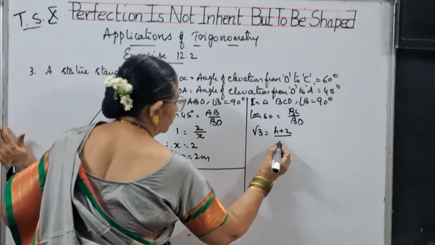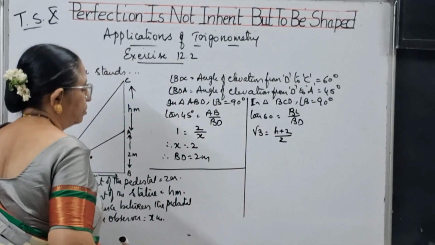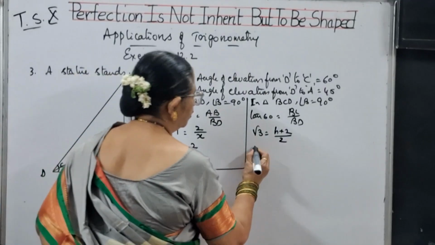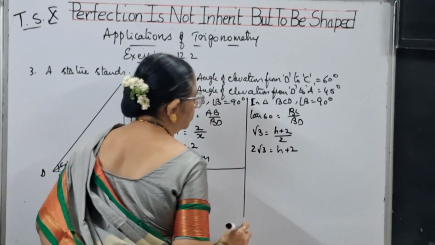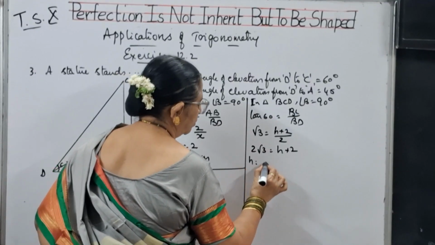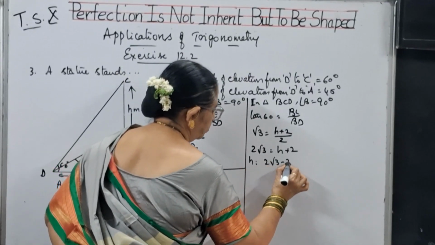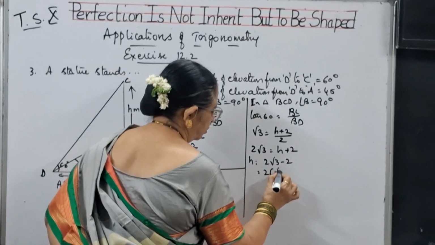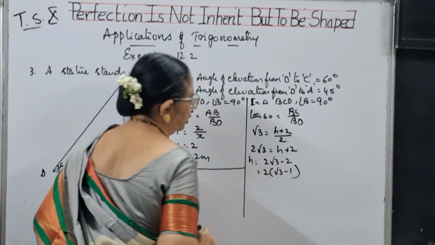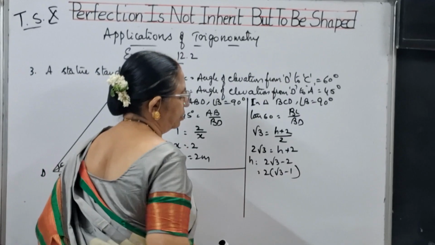So in the place of BD, I'll write 2. That means 2 root 3 is equal to h plus 2. So h is 2 root 3 minus 2. That is 2 into root 3 minus 1. I have taken 2 as common.